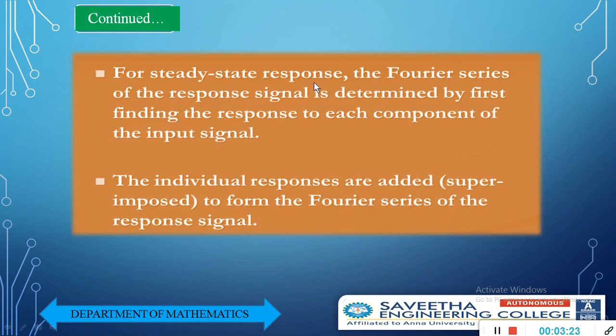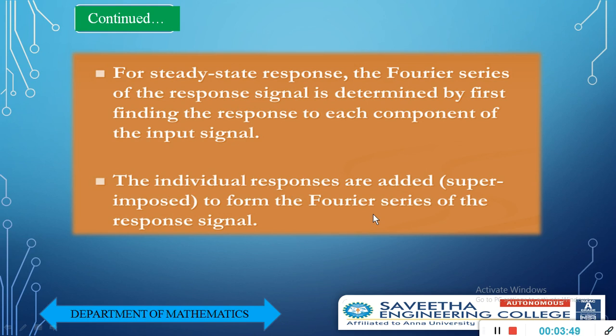For steady state response, the Fourier series of the response signal is determined by first finding the response to each component of the input signal. This is the first step. Next, the individual responses are added to form the Fourier series of the response signal.